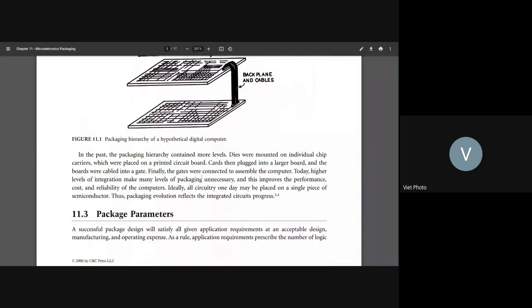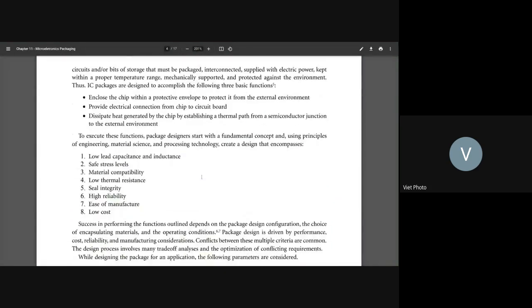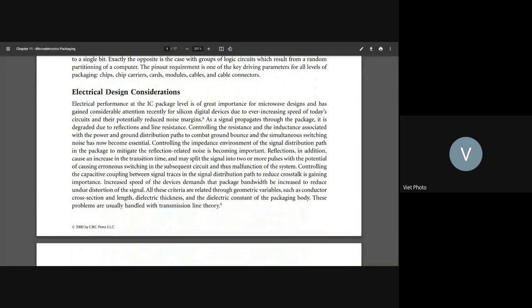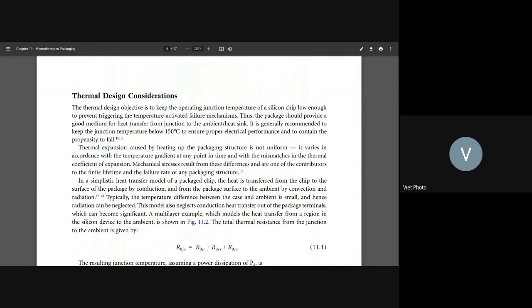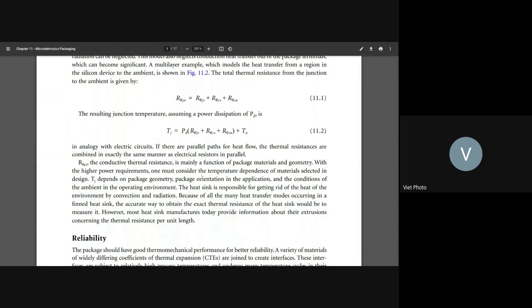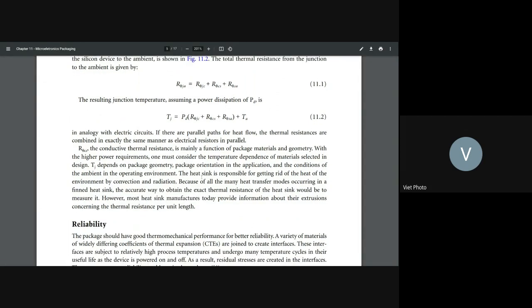It covers the package parameters, what is needed, the number of terminals, the thermal design considerations. Just read it for understanding, it's not rocket science. You read it and you have some idea about it.